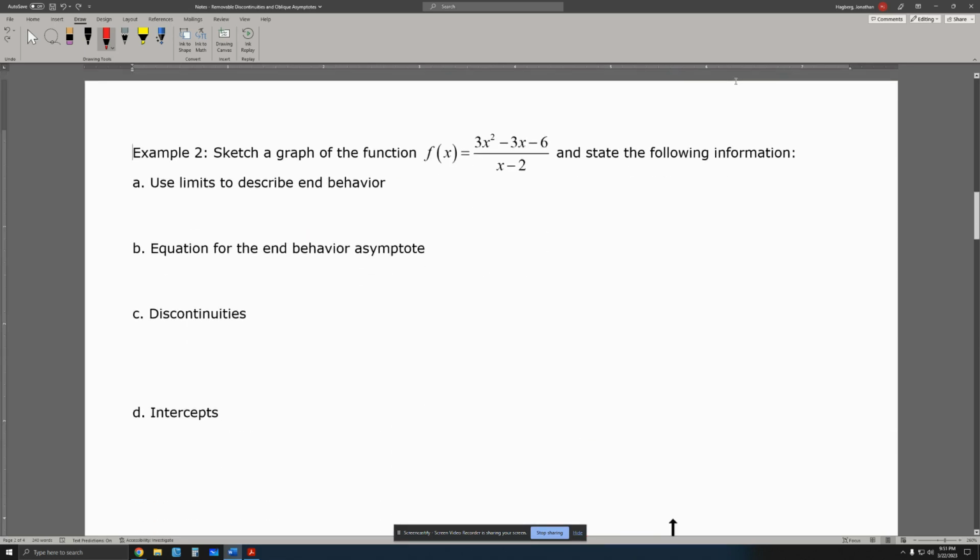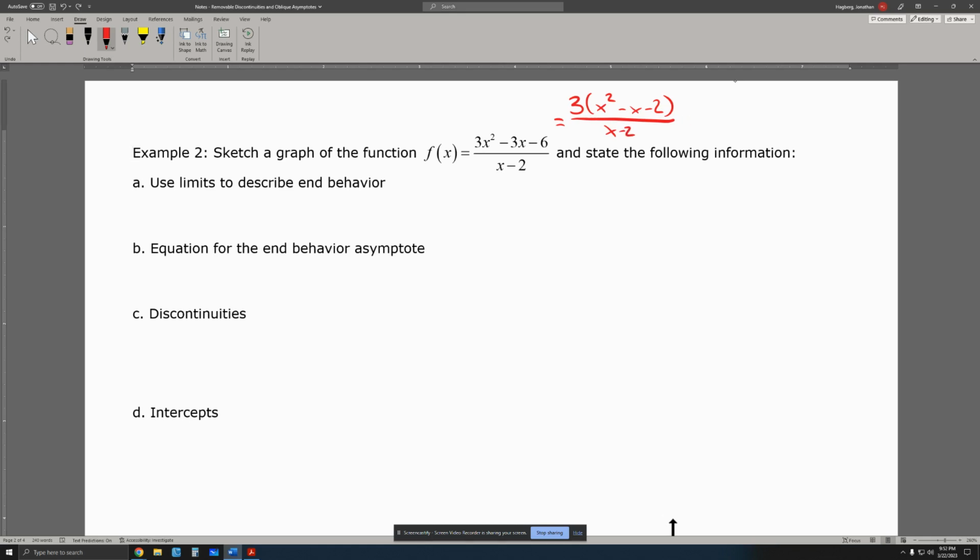Example 2, sketch a graph of the function f of x and state the following information. Well, first thing I noticed about f of x is that it can be factored. I noticed that in the numerator there's a common factor of 3, so we'll go ahead and factor that out: 3 times the quantity x squared minus x minus 2, all over the quantity x minus 2.